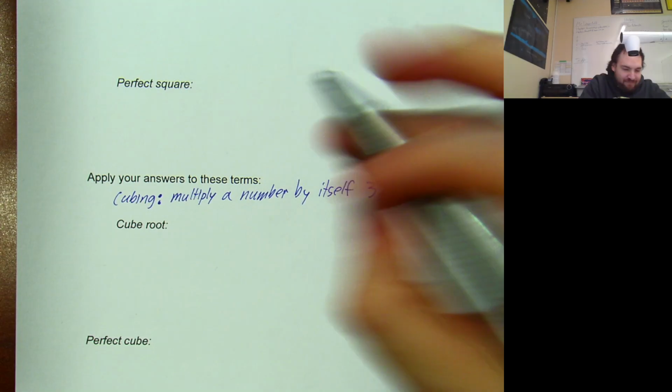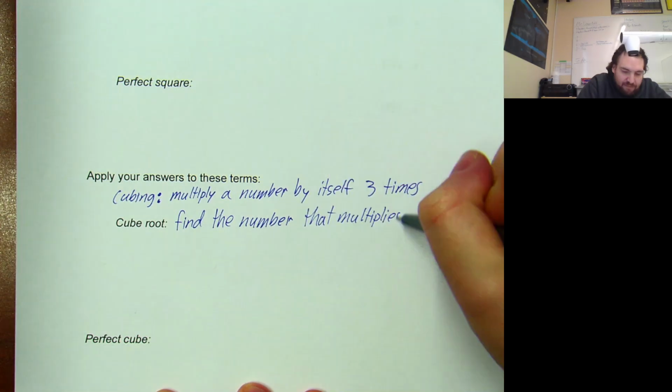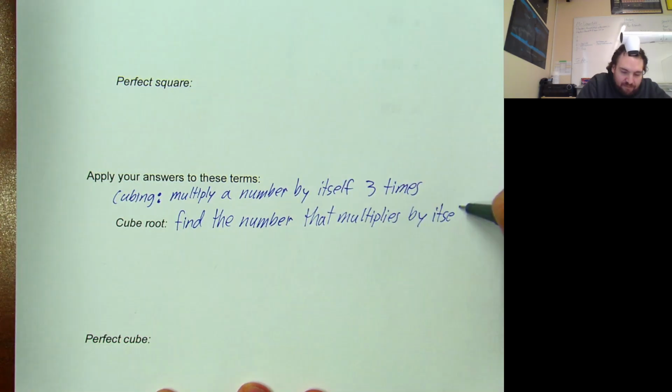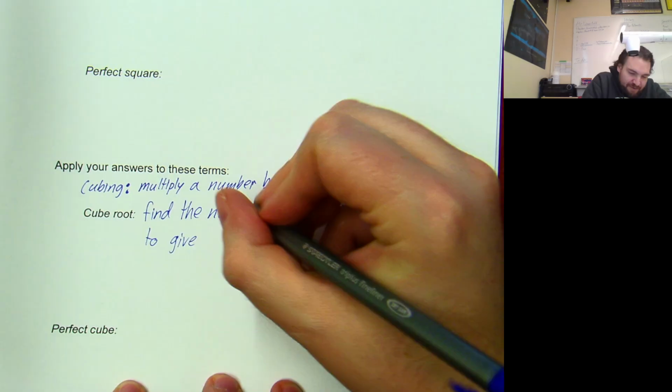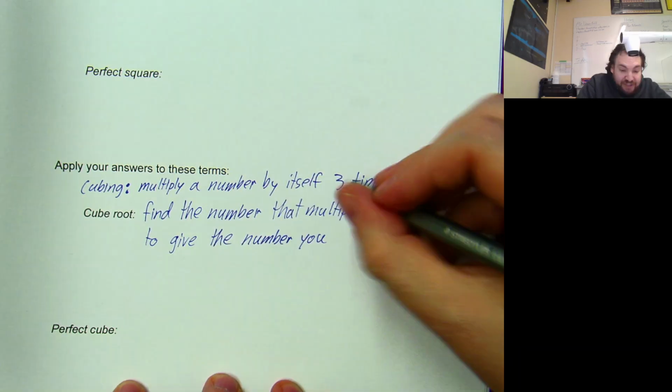Find the number that multiplies by itself 3 times to give the number you started with. Or the number you cube rooted.